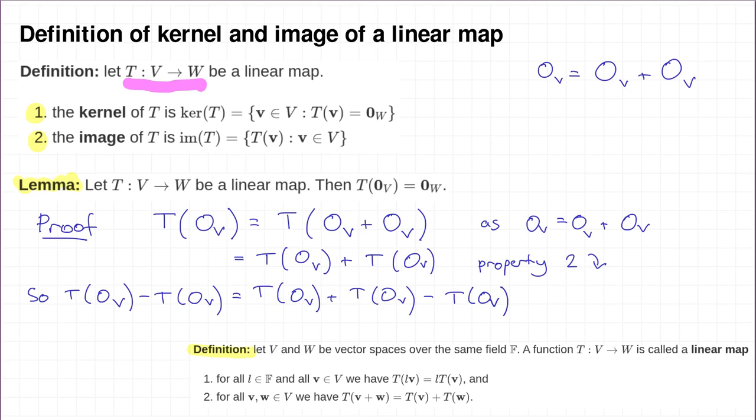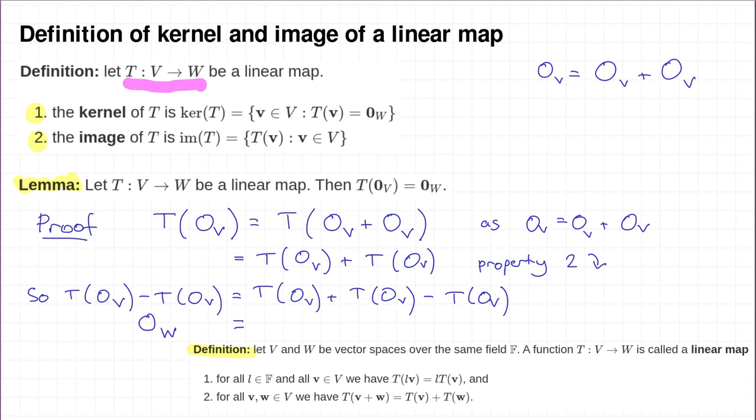Now let's look at what we've got on the left of this equation. On the left you have T of 0_V minus T of 0_V, so that is the 0 vector in the vector space we're working in. We're working in W. T was a linear map from V to W, so all these things are elements of W. And what we have on the left-hand side then is equal to the 0 vector in W.